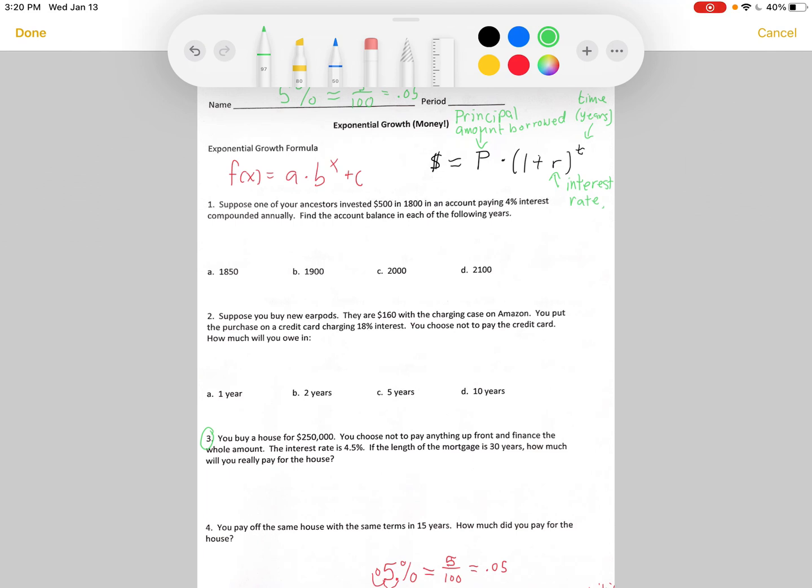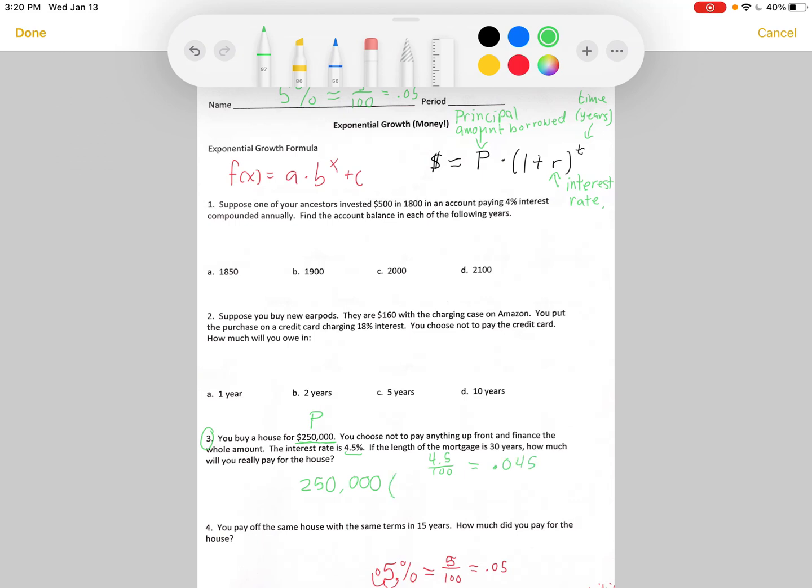So let's go back and dissect this problem. We paid $250,000 for the house. That is our principal amount. Our interest rate is 4.5%. Now that's the same thing as 4.5 divided by 100, or 0.045.